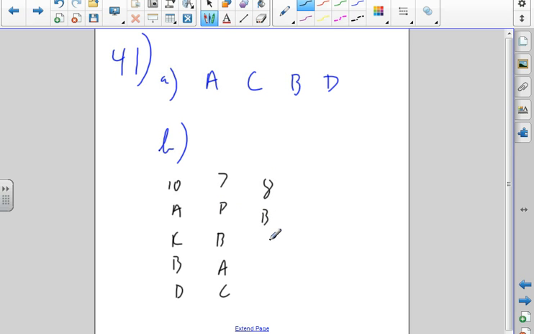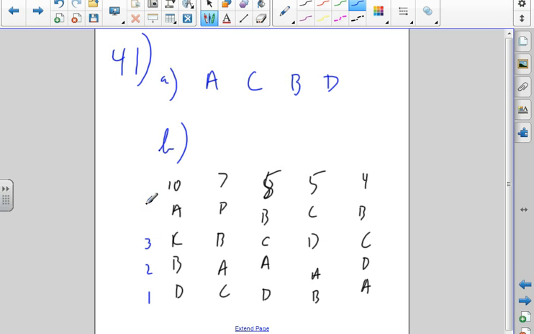B, no, it's a 5. 5. B, C, A, D. Another 5. C, D, A, B. A 4, B, C, D, A. Okay. And these guys get 1 point, 2 points, 3 points, 4 points.